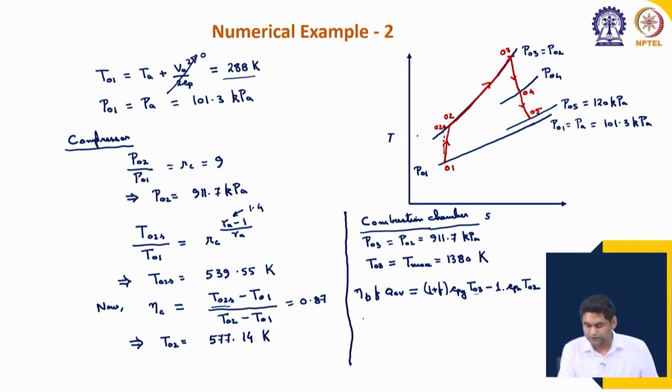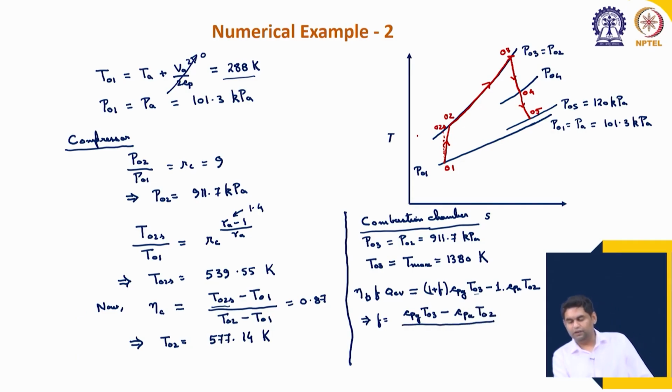Okay. So, from this calculation F comes out to be, you can write the expression for F also, Cpg. So, it is better to go in steps. Cpg T03 minus Cpa T02. Okay. This divided, so just rearranging the terms in the above equation, divided by eta B into calorific value minus Cpg T03.